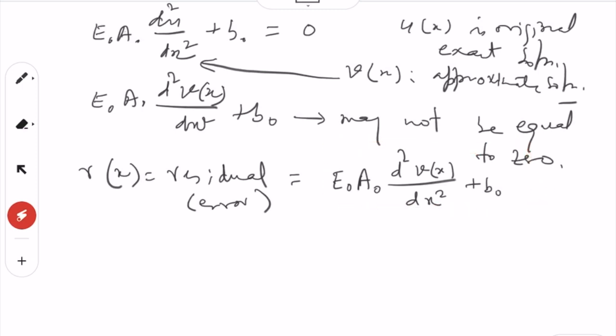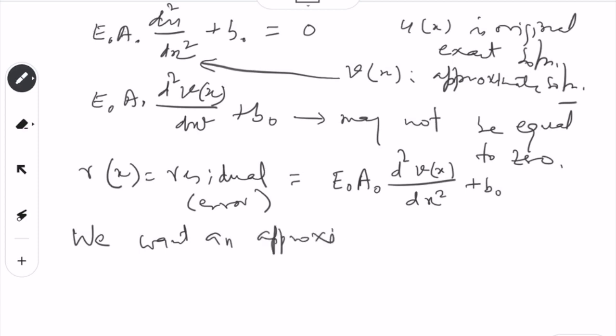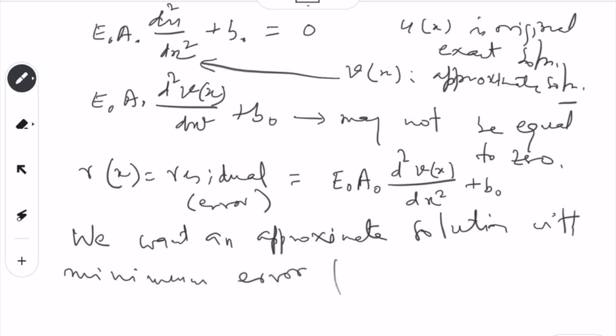Now, we want to minimize the error. So the idea is to minimize the error, or write it like this: we want an approximate solution with minimum error.